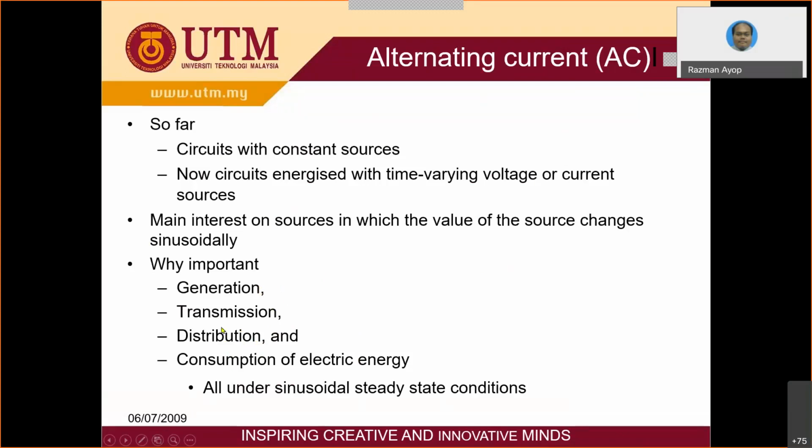Okay, you can reduce or increase the voltage, but the complexity is very high. If you use AC, it is much easier. Transmission is usually 132 kV or 275 kV or 500 kV.